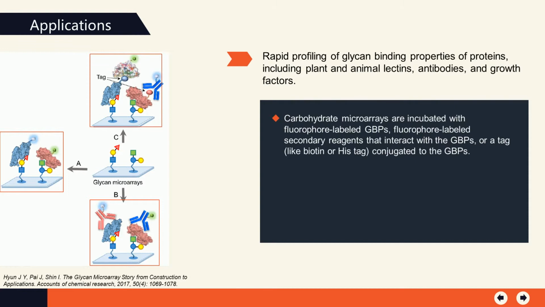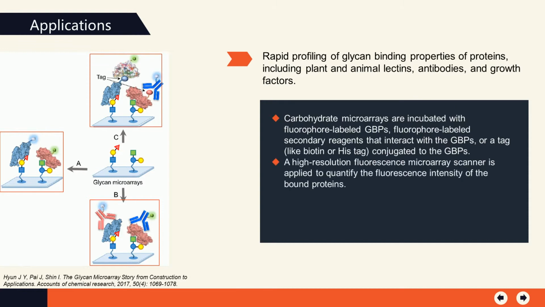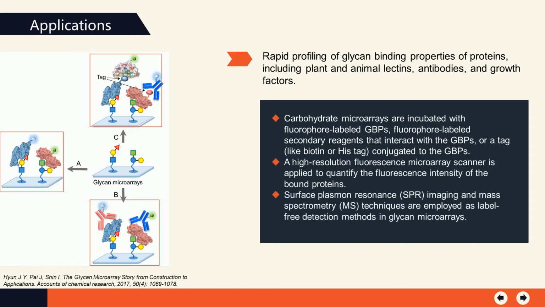And then a high-resolution fluorescence microarray scanner is applied to quantify the fluorescence intensity of the bound proteins. In addition, surface plasmon resonance imaging and mass spectrometry techniques are employed as label-free detection methods in glycan microarrays.